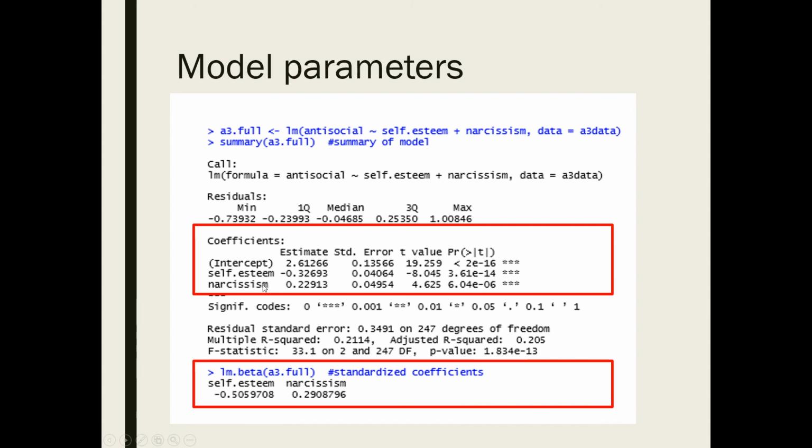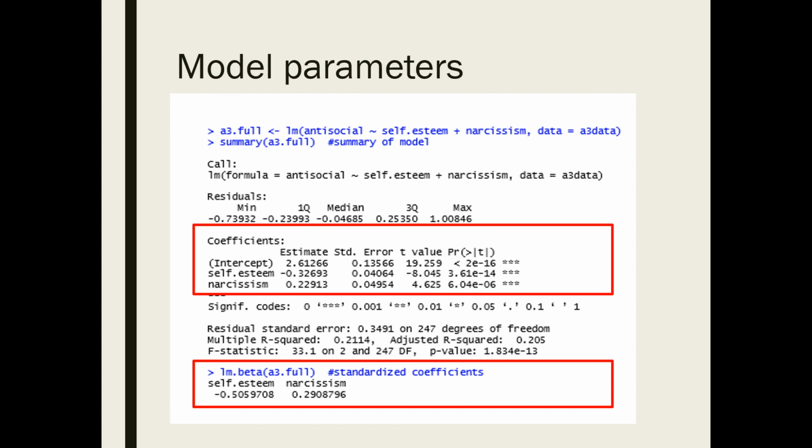We can then look at the relationship between narcissism and antisocial behavior, specifically controlling for self-esteem, and we see that it's a positive relationship, so no negative sign for this one, and again, it is very strongly statistically significant. So two statistically significant relationships here between these predictor variables and our outcome variable when controlling for the other predictor variable.